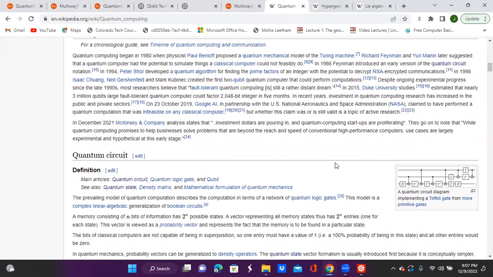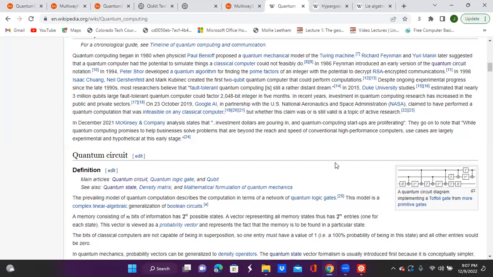In 1994, Shor developed a quantum algorithm for finding the prime factors of an integer with the potential to decrypt RSA encrypted communications. In 1998, Isaac Chuang, Neil Gershenfeld, and Mark Kubinec created the first two-qubit quantum computer that could perform computations.